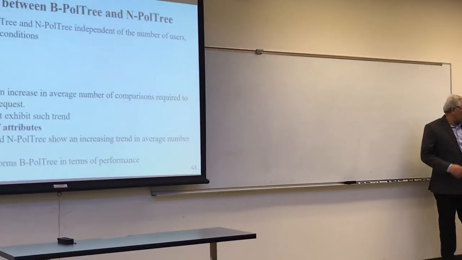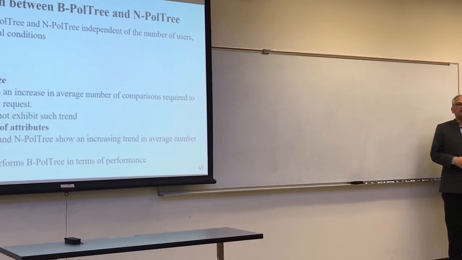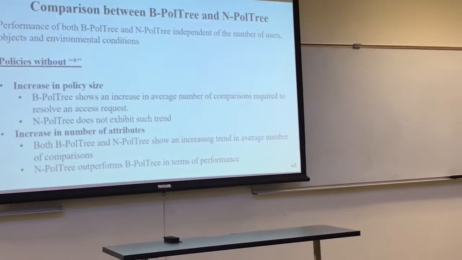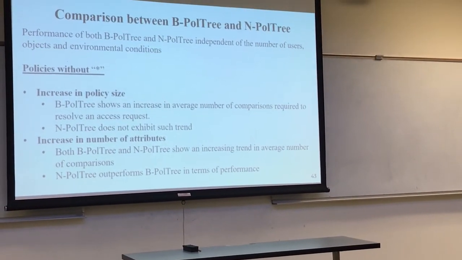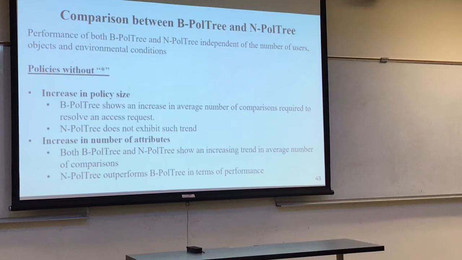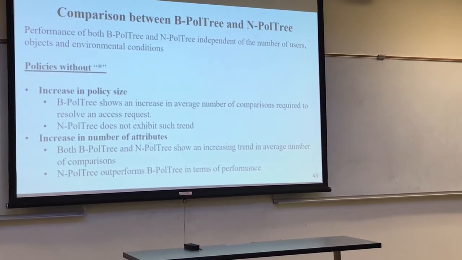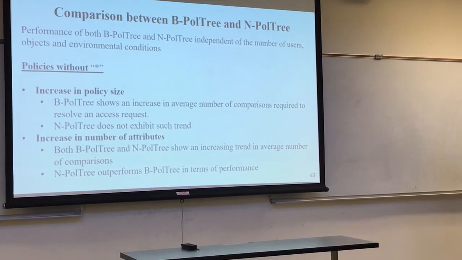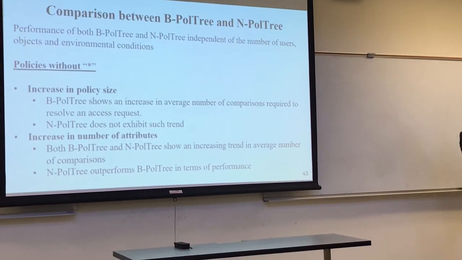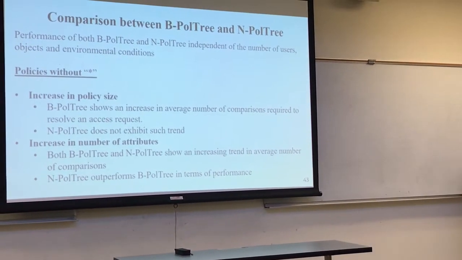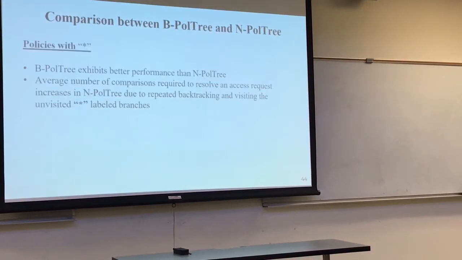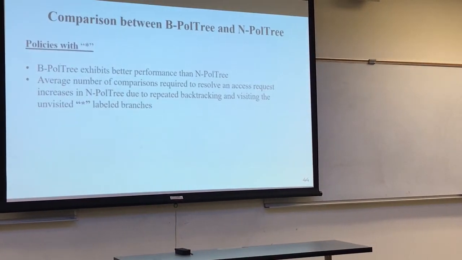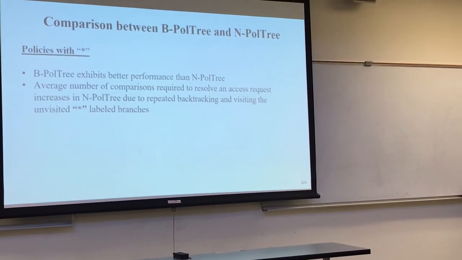So this is the comparison: as we see, with increase in policy size, number of attributes and attribute values, etc., there is not much variation for the binary poultry and n-ary poultry. Of course, the baselines vary a lot with the number of policies and number of attribute values. And for the ones with star, as I said, binary poultry outperforms n-ary poultry.